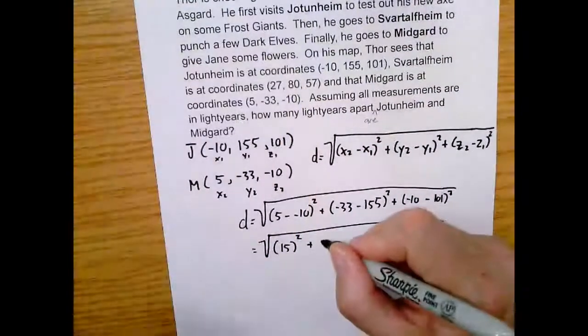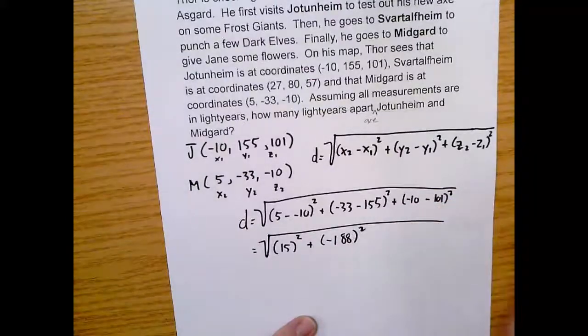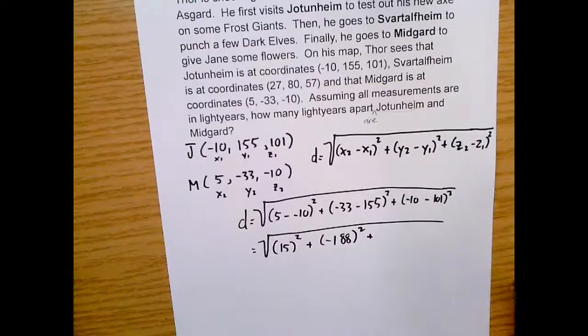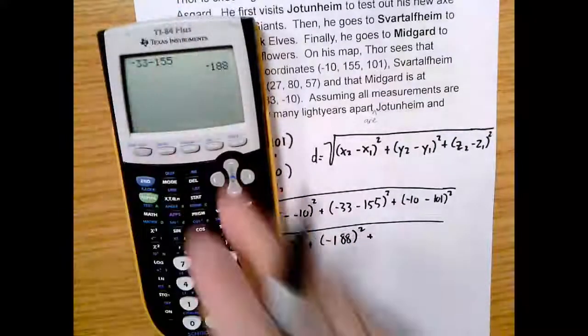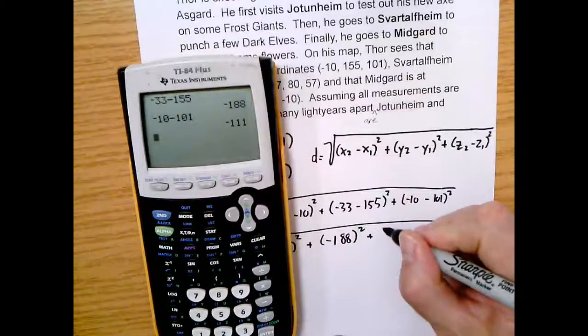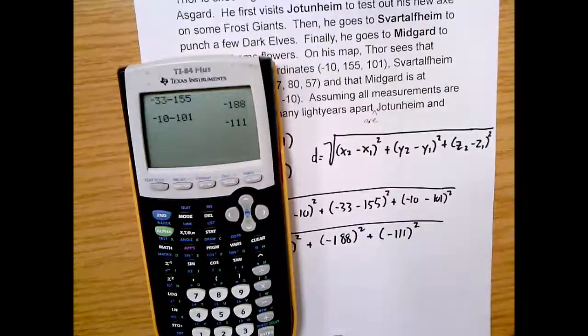So we have plus -188, and we're going to square that. And then plus, we have -10 minus 101. If you can do it in your head, go for it, but I'm making a video. If I mess up, I have to start over. So I'm just going to use my calculator. Boom, -111. I definitely could have done that in my head. But here we are.